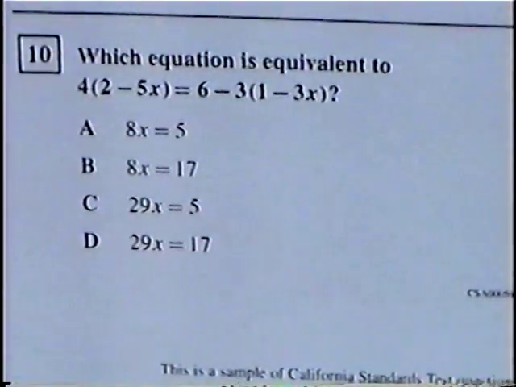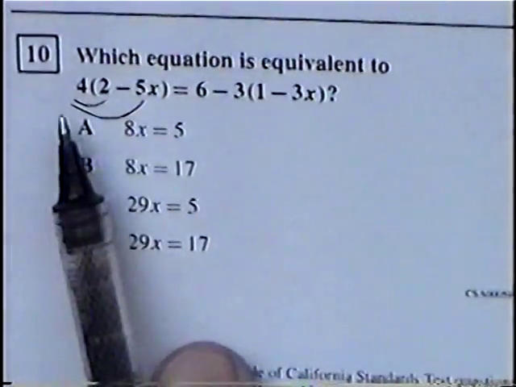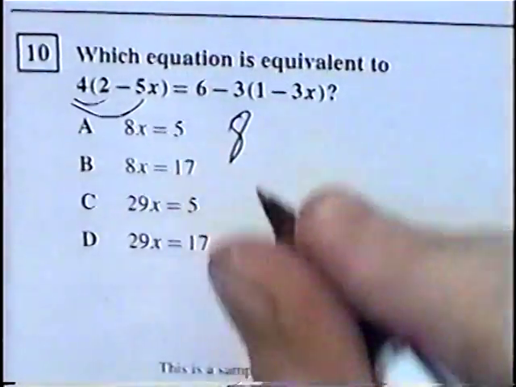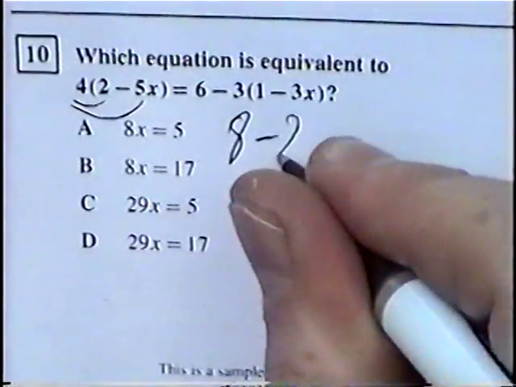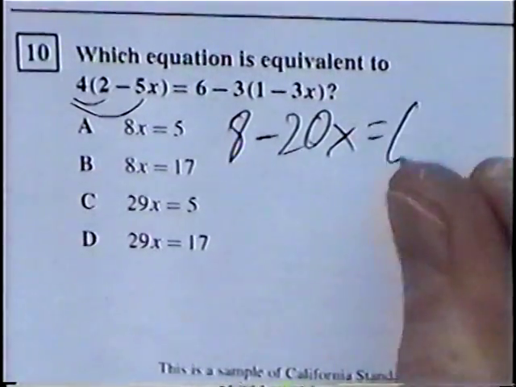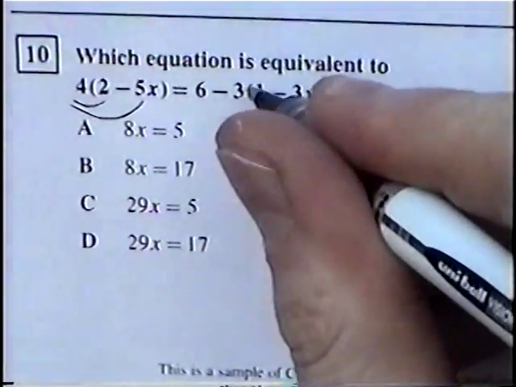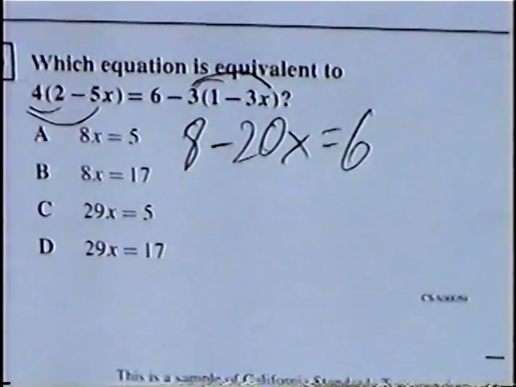Simplifying the equation, we can first distribute the 4 inside the parentheses. 4 times 2 would be 8, and 4 times a negative 5x would be negative 20x, equals 6 would stay the same, and distributing the second parentheses by multiplying by negative 3.